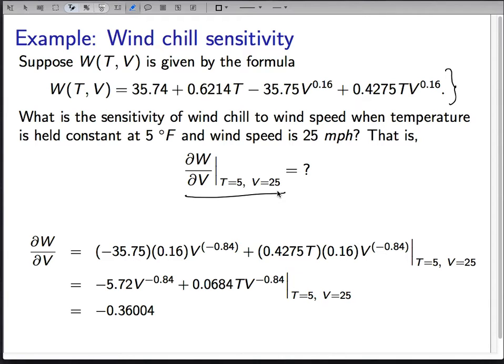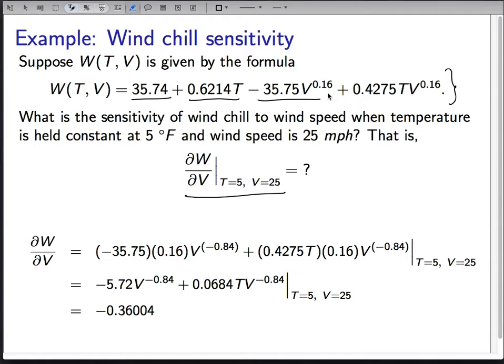So let's compute that. Let's look at the function. This first part, if I wanted to compute the derivative with respect to v, that's simply a constant. Its derivative is 0. This second part, again, I'm computing the derivative with respect to v. So 0.6214t is also a constant because we're treating t like a constant. And so that derivative is 0. So now we actually get into something where we have to do something.